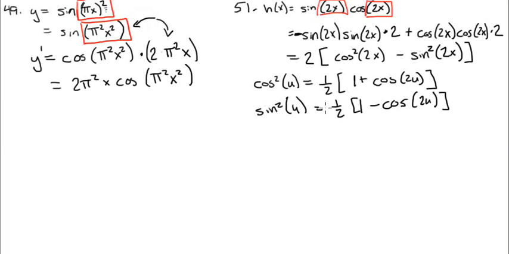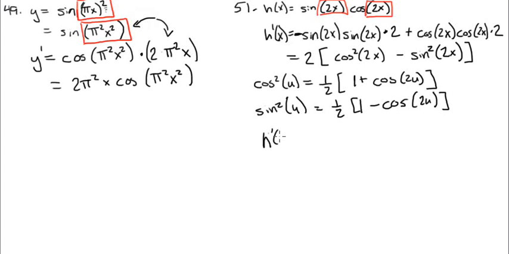So the u in our case is 2x, so then 2u would be 4x. So h prime, this should be h prime, the derivative with respect to x.